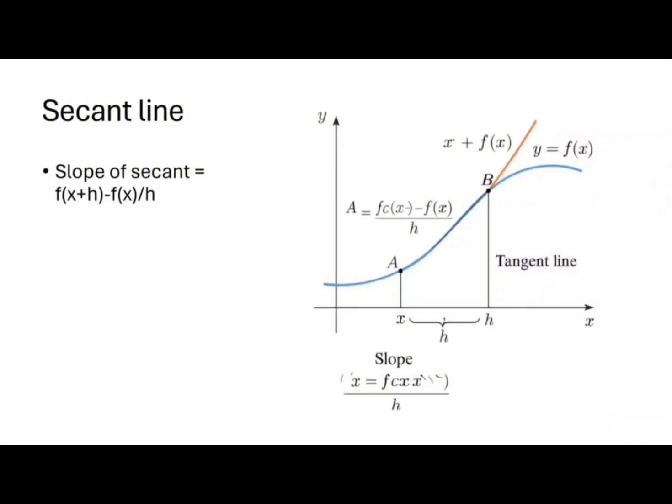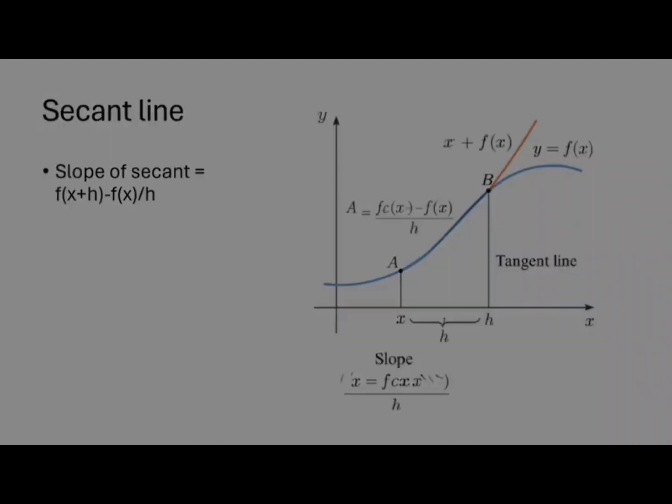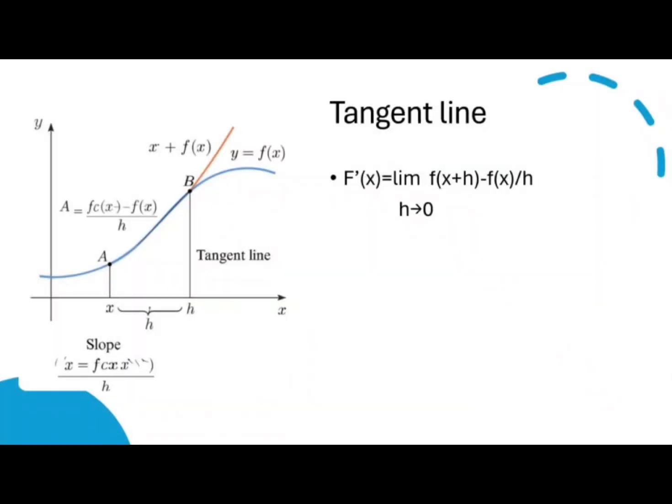The secant line rotates and becomes a better approximation of the curve at point A. As h approaches 0, the secant line becomes now the tangent line to the curve at point x, and the slope becomes f prime of x equals the limit of f of x plus h minus f of x all over h as h approaches 0. So, geometrically, the derivative f prime of x is the slope of the tangent line to the curve at the point x and f of x.